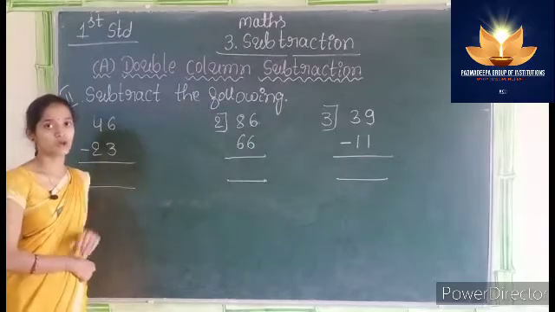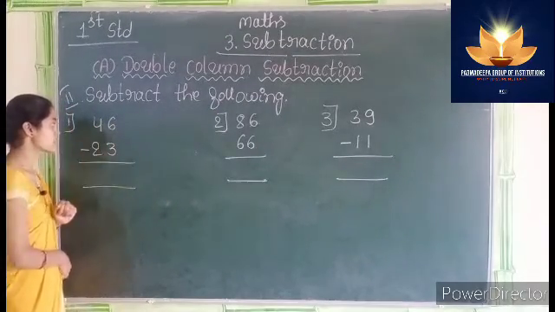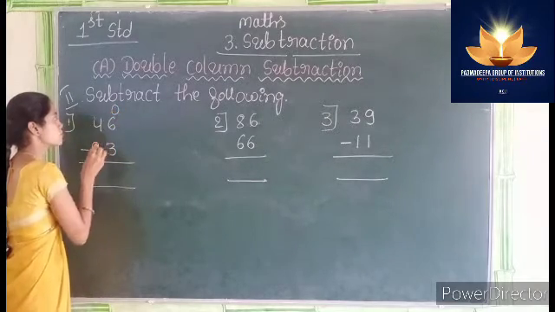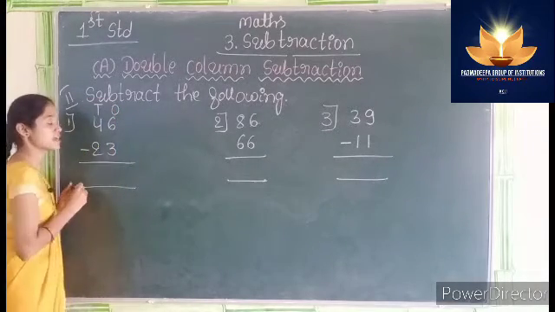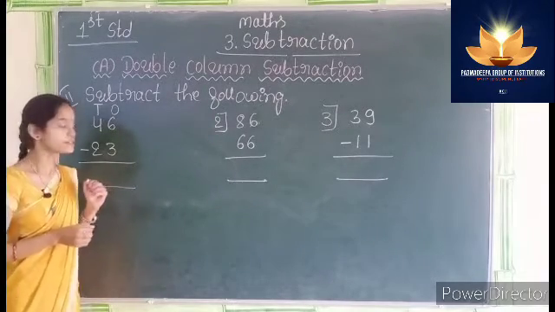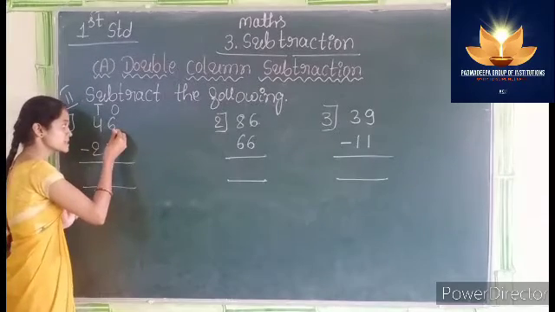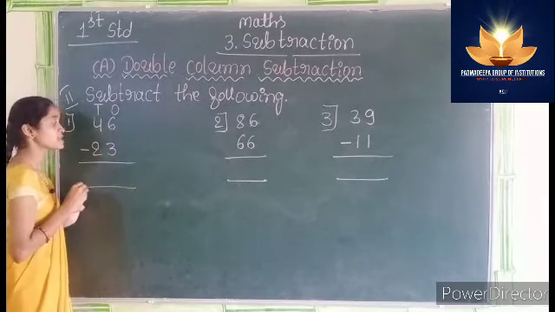Subtract the following. We have to subtract 23 from this 46. This is ones place. This is tens place. First we have to subtract the numbers which are in ones place. In the ones place we have 6 and 3.